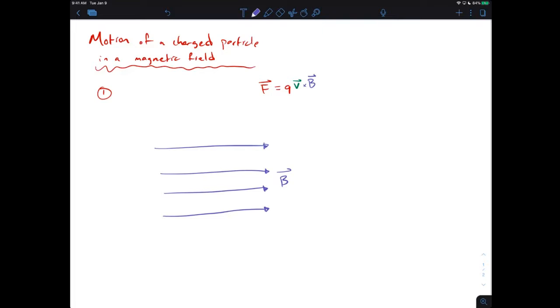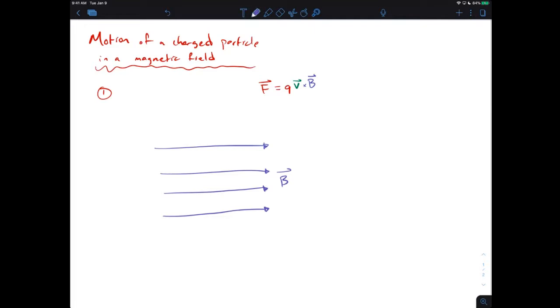Remember, this means that if these two things are in the same direction, so 0 degrees between them, then this cross product becomes 0, right? And then if these two things are perpendicular to each other, then we have the maximum amount of force. So this will be 1, right?